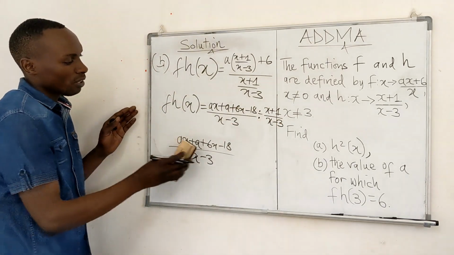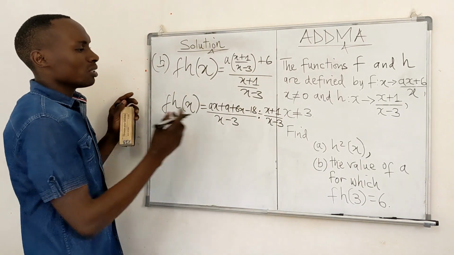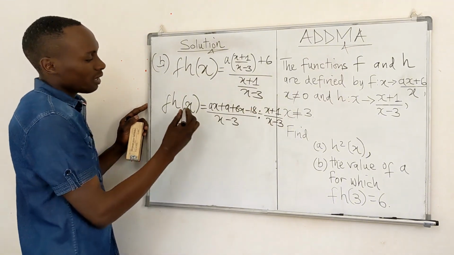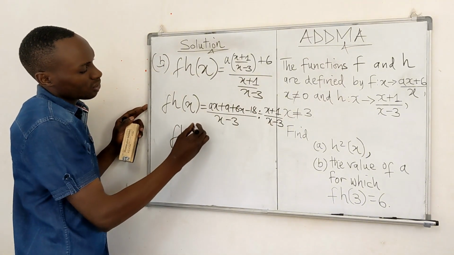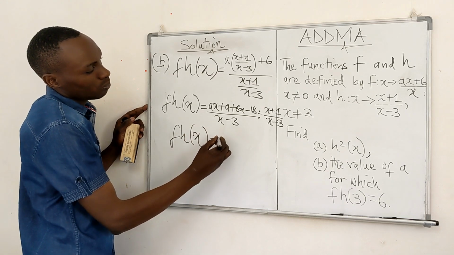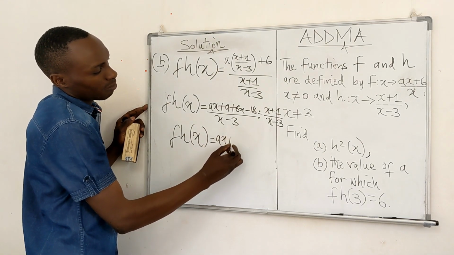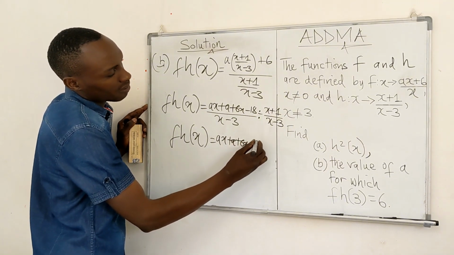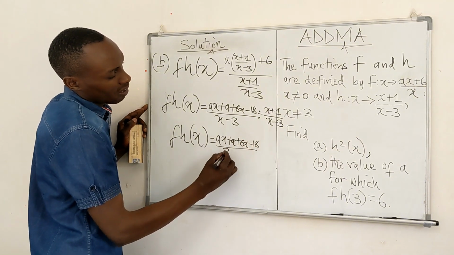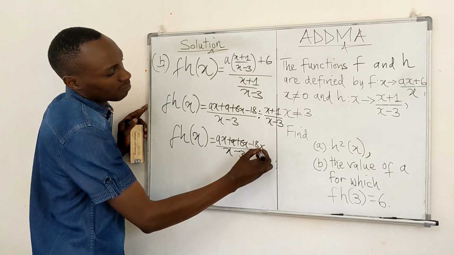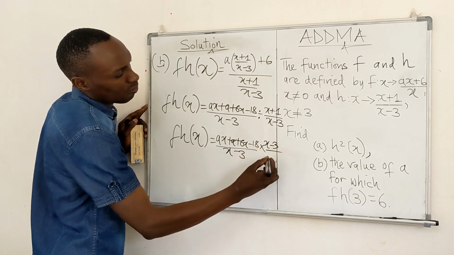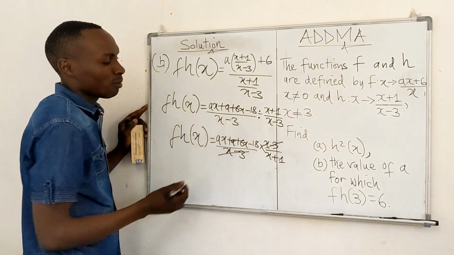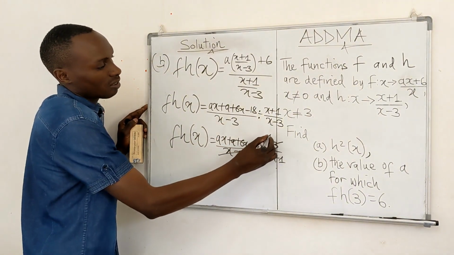So that's what we have there. Now we can change this to multiplication and then reciprocate that. So fh of x is equal to ax plus a plus 6x minus 18 over x minus 3 times x minus 3 over x plus 1. And this here simplifies, giving us 1 and there 1.